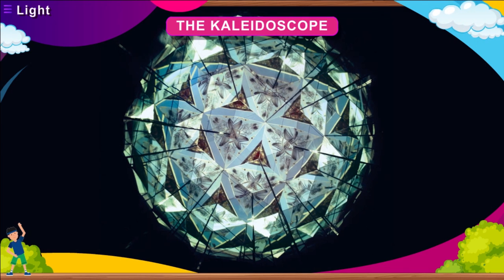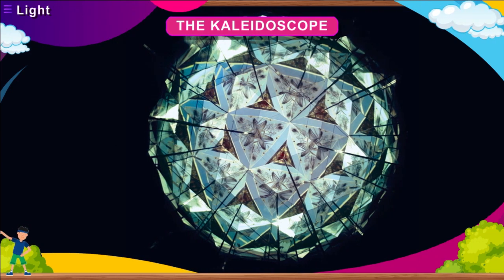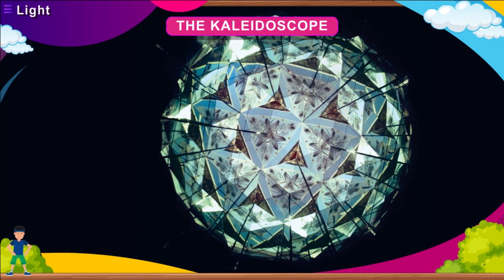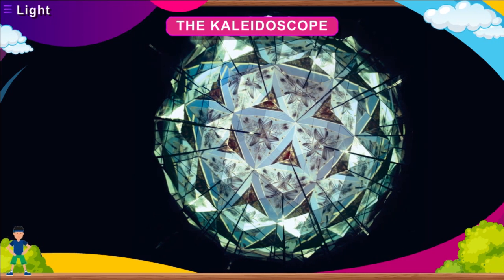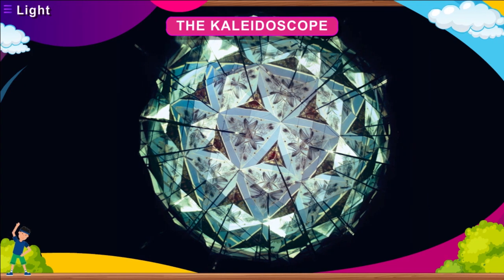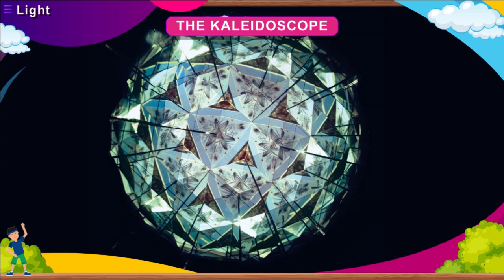The mirrors form multiple images of the glass pieces, resulting in beautiful patterns when seen from the other end. On rotating the cylindrical box, the pattern changes continuously as the positions of the glass pieces shift.